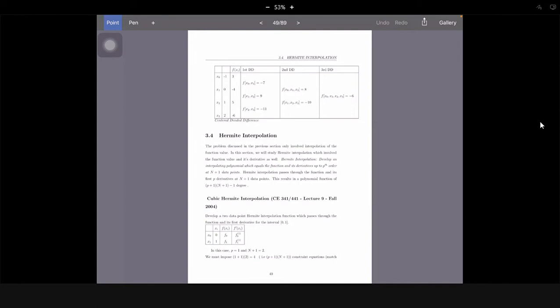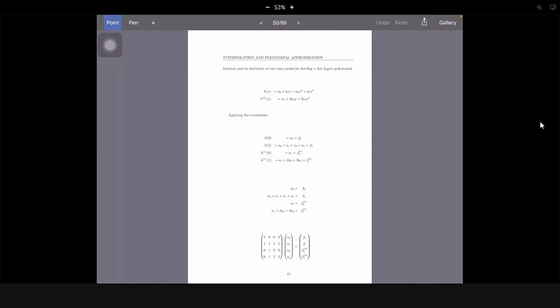And then berkenaan dengan Hermite interpolation, yang ni melibatkan the derivative. Okay, kita nak cari derivative dia. So still, tujuan dia adalah untuk construct approximate polynomial. Okay, so yang ni pun sama, kita ada H, kenapa to the power of 3 kat sini?